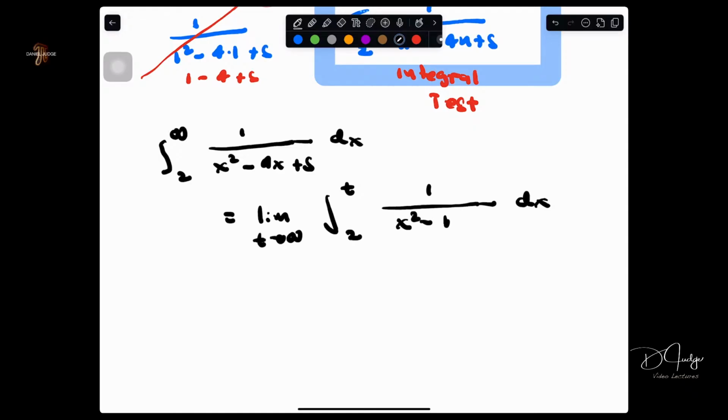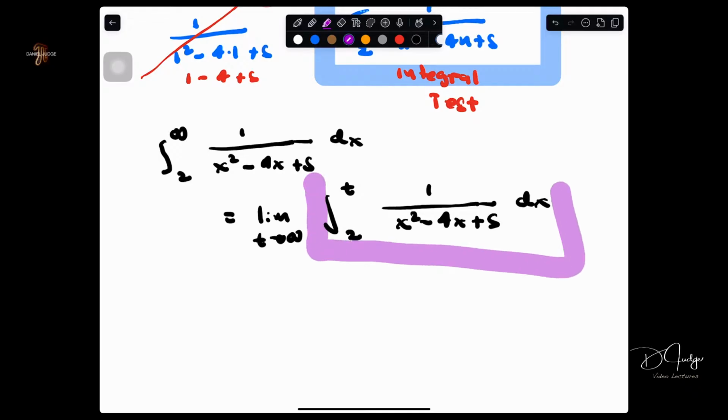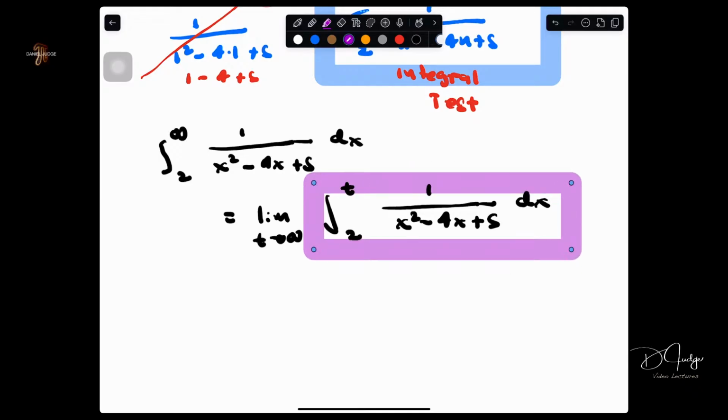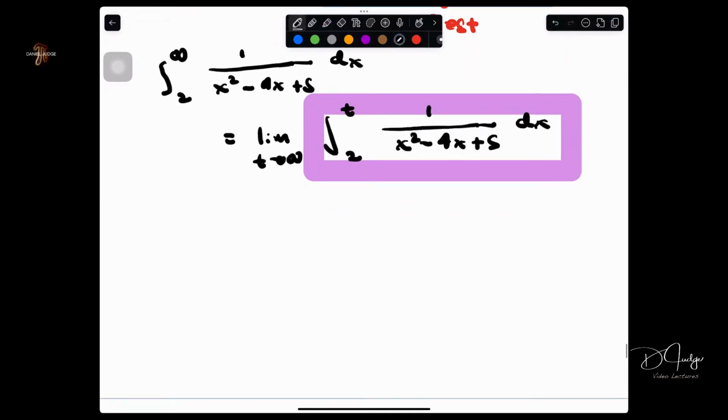This is going to be our integral I of t that we're going to try to integrate. I of t is the integral from 2 to t of 1 over x squared minus 4x plus 5 dx.